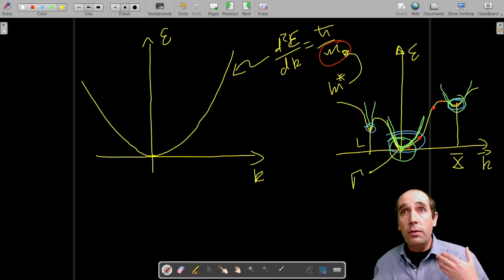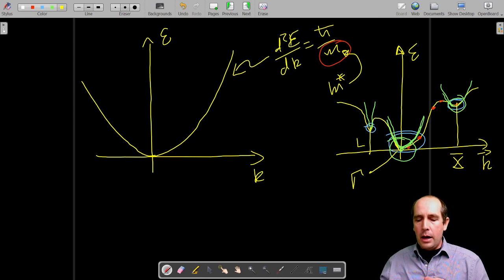Of course, if you want to do band structure calculations, or if you want to use these values, it's worth that you go to books and understand a little bit better what each one of these labels mean.